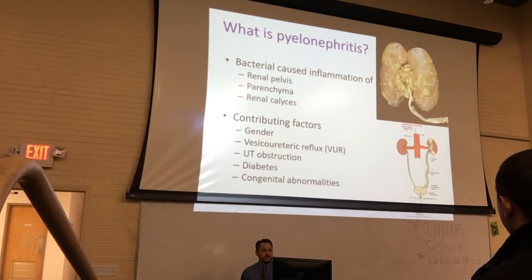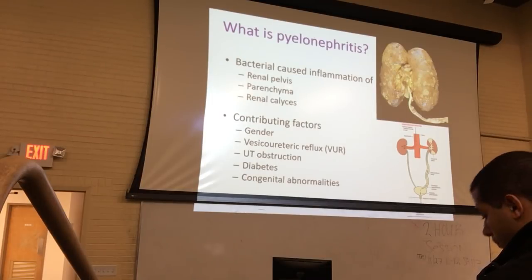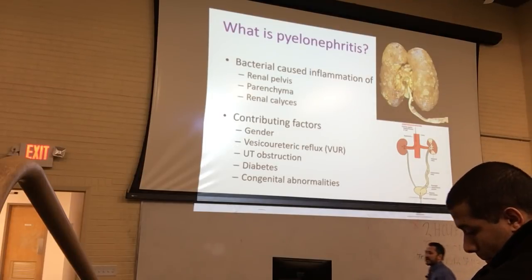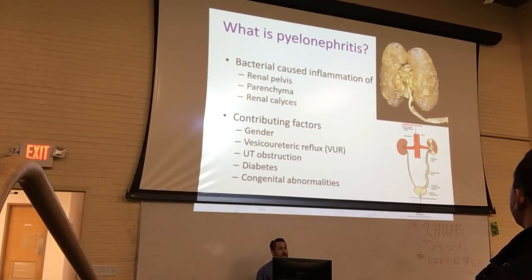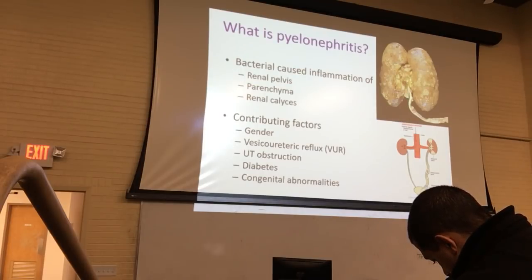So what does it really look like? These bacterial-caused inflammation events can target the renal pelvis, the functional tissue of the kidney itself, even the renal calyces, and some of the contributing factors. Females are much more susceptible to pyelonephritis, which is an aggressive form of a UTI, because it's affecting the kidney itself.